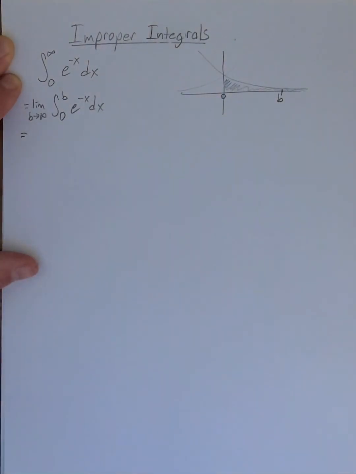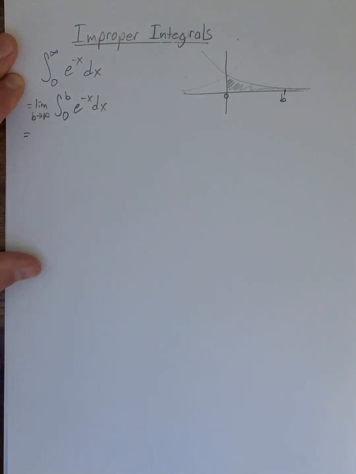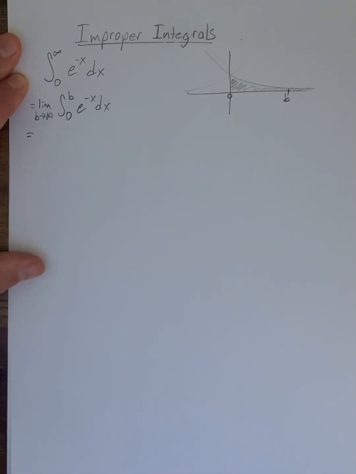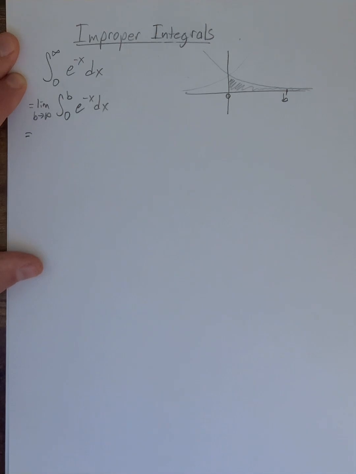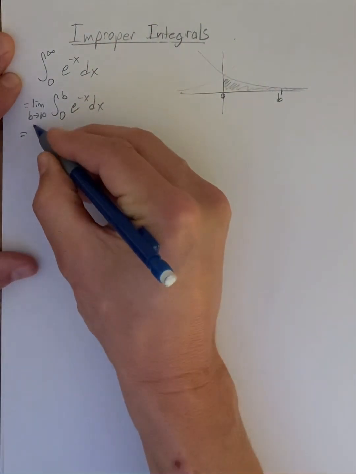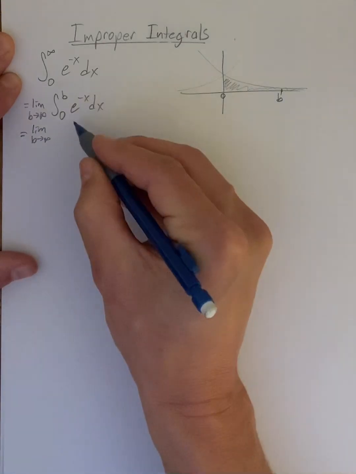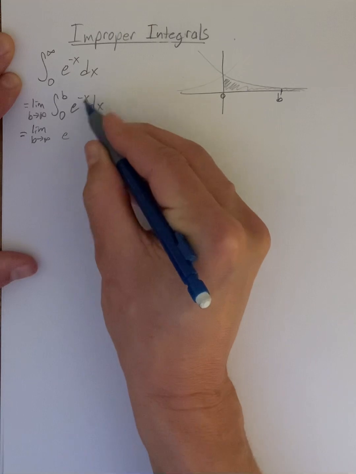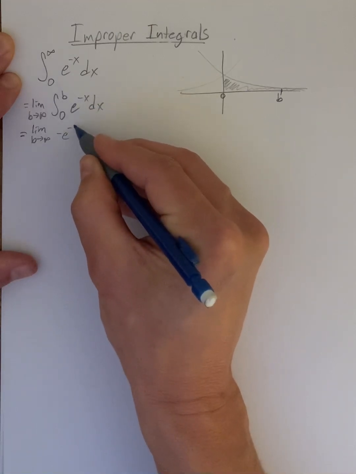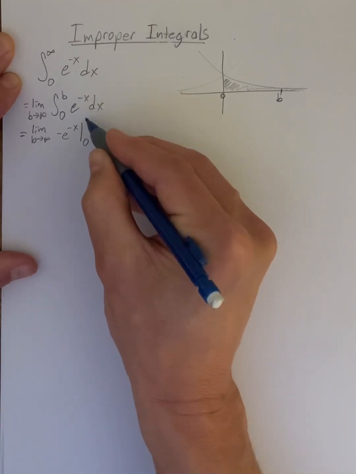In a lot of ways, the trick to improper integrals is you wait to apply the limit until the last possible moment, and then you see whether that limit goes to infinity or to a finite number. So let's leave our limit alone until the last possible moment. The integral of e to the negative x is negative e to the negative x, evaluated from 0 to b.